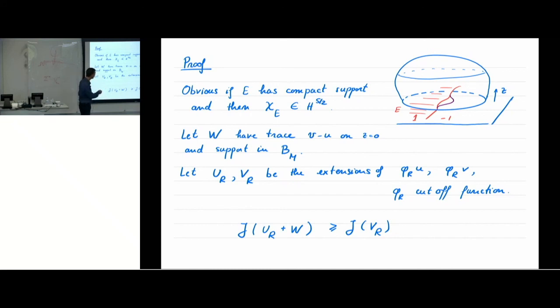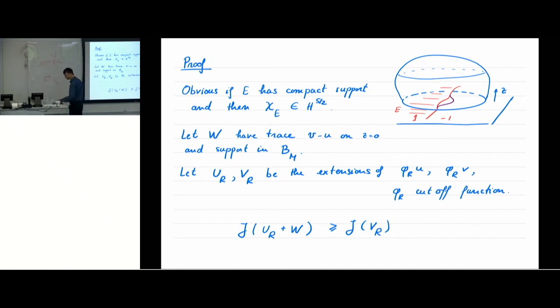So on the bottom here, I'm allowed to take competitors that have values 1 and -1, meaning they are the characteristic function of some other perturbation F. So it's not a minimizer only of the top data, but also of the bottom, as long as the trace is the characteristic function of a set F minus its complement. And this simply comes from the extension problem.